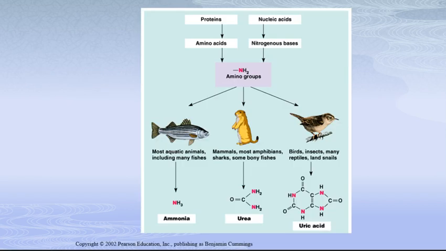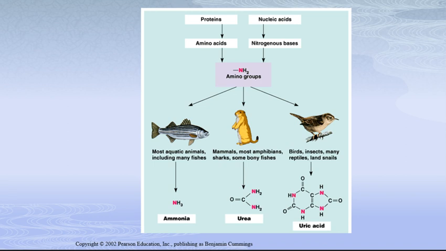Okay, so different animals are going to actually have different excretory products, but all of those come from the breakdown of proteins and DNA and RNA, because that's where your nitrogenous wastes are going to come from. In mammals, right, you're actually going to secrete urea, which is great because it's not toxic like ammonia. Okay, ammonia is easy to produce, but it's toxic, right?